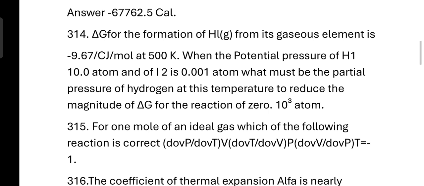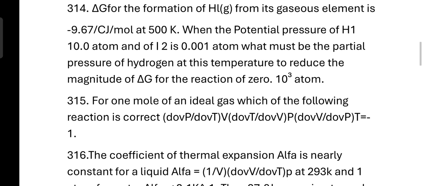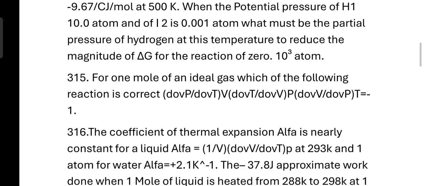Delta G for the formation of HI gas from the gaseous elements is minus 9.67 kJ per mole at 500 K when the partial pressure of HI is 10.0 atm and of I2 is 0.001 atm.